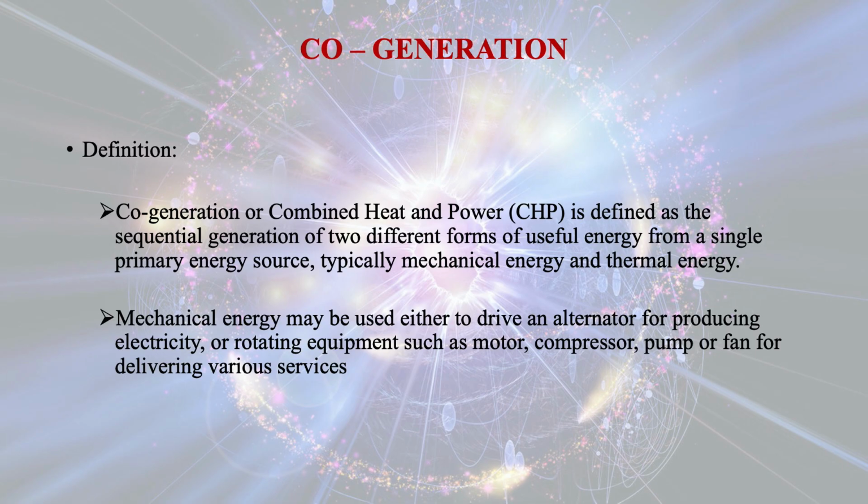The flow diagram of the regenerative cycle with saturated steam at the inlet to the turbine at state 1 and the corresponding TS diagram are shown in figure 1 and figure 2 respectively.